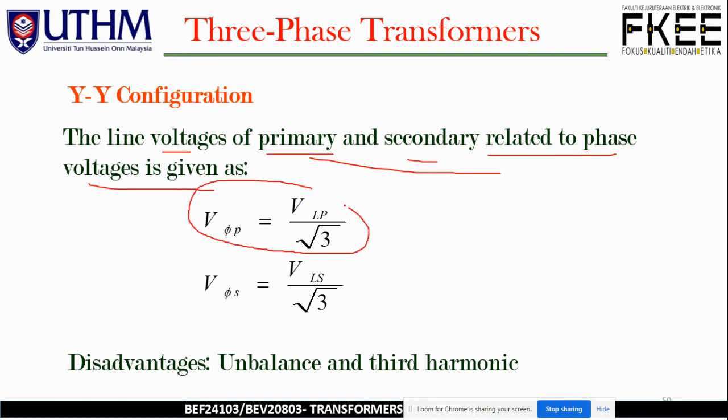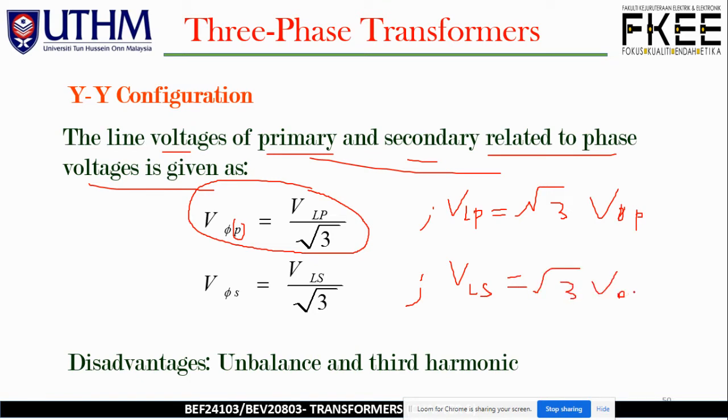So we have V phase of the primary side equal to V line of the primary over square root 3. Or the other way around, we may write that the line voltage of the primary is equal to square root 3 times the phase voltage of the primary side. And similarly, we have the line voltage of the secondary, which is equal to square root 3 times the phase voltage of the secondary.